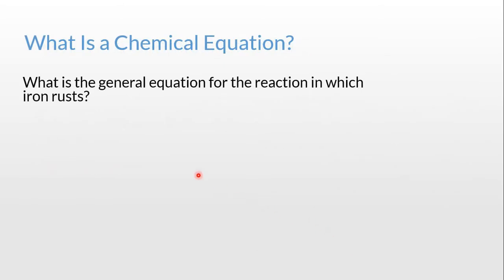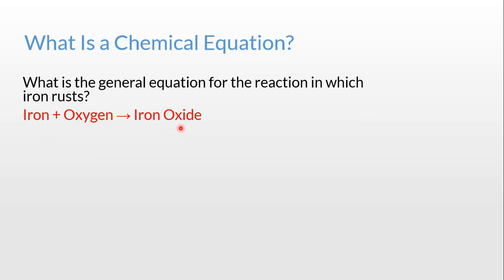What is the general equation for the reaction in which iron rusts? You remember when you studied rusting, iron reacts with oxygen in the presence of water to form rust. What general equation can you generate from that? Iron plus oxygen giving us iron oxide.